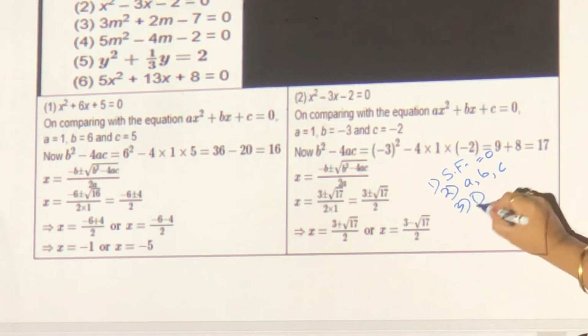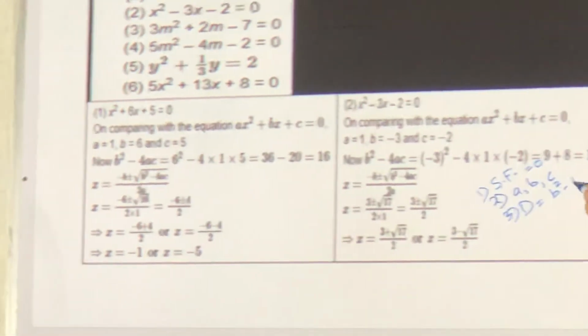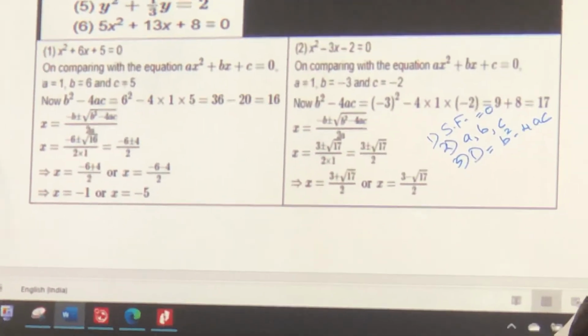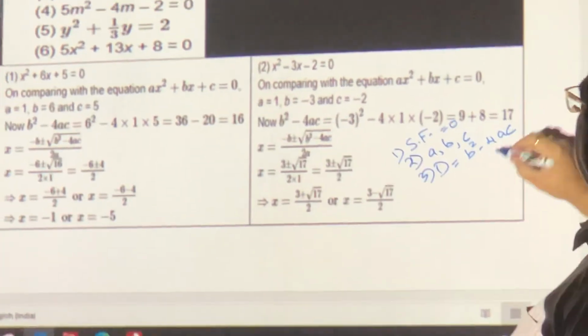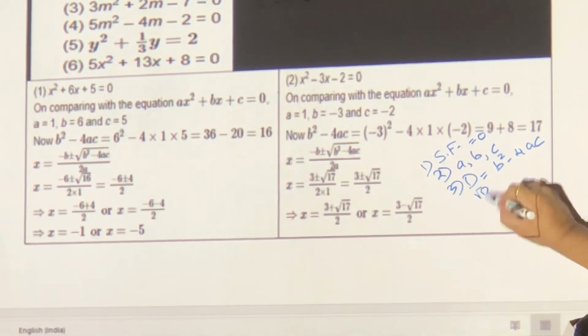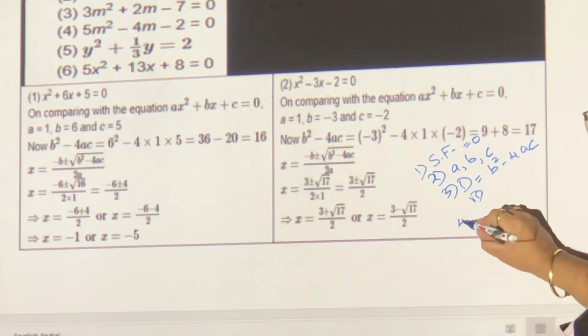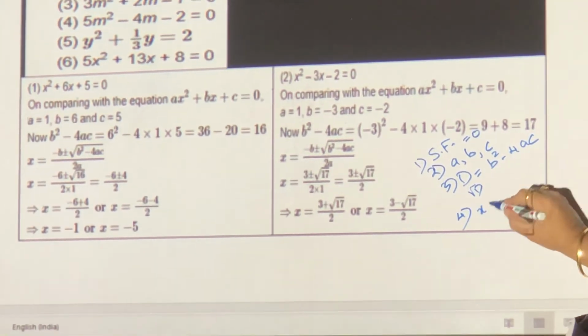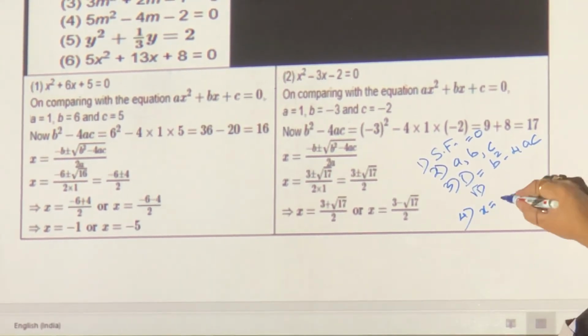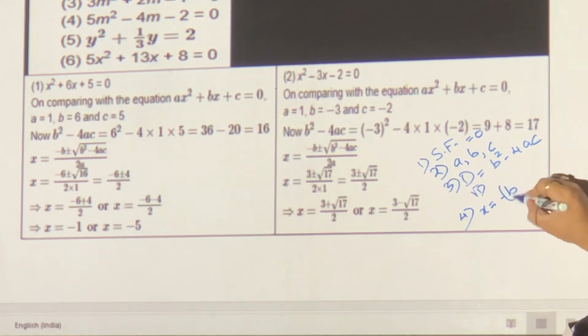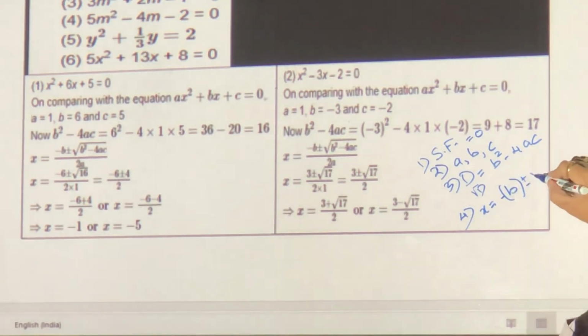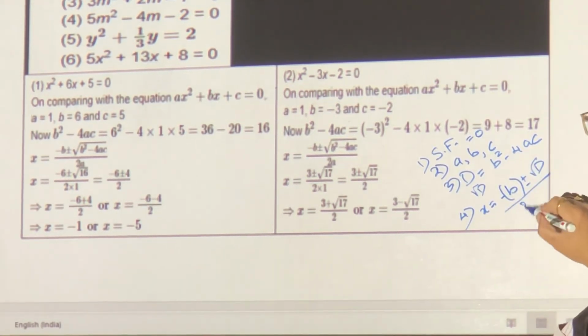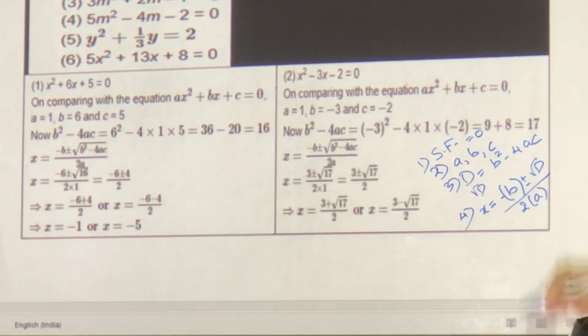Find d, the discriminant, that is b square minus 4ac. And find root d. Then x is equal to minus b plus or minus root d upon 2a.